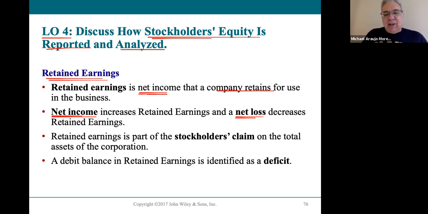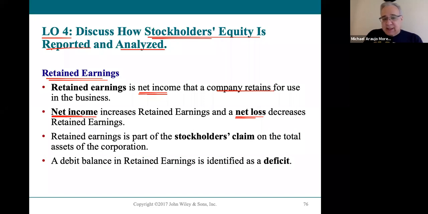Okay. And so one of the questions that comes up is, can retained earnings ever be below zero? What if a company never has a profit? What if they continually operate at a loss, which happens quite a bit, in fact. Amazon was operating at a loss for several years before they turned their first profit.